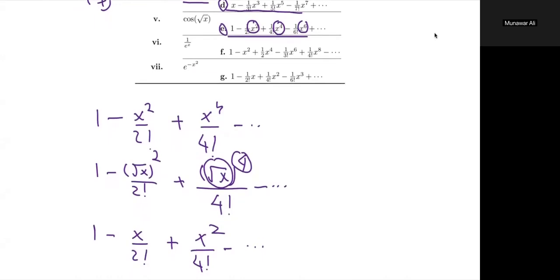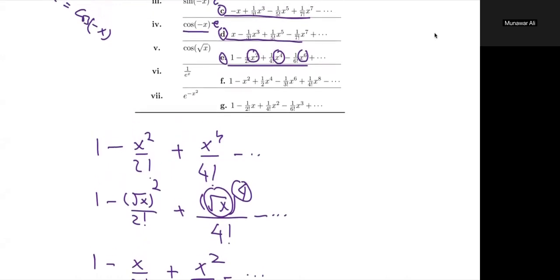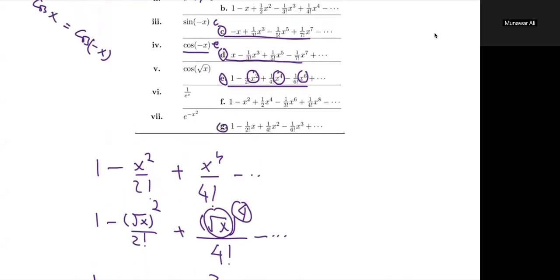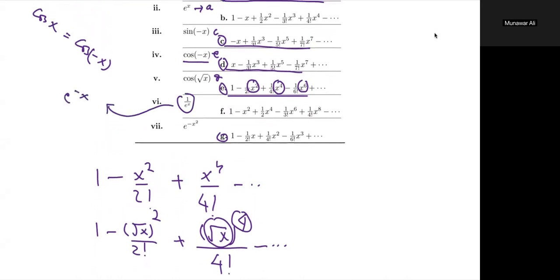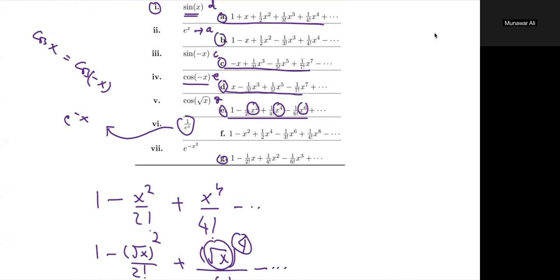So this should be, yeah, g. So cosine of root x is g, and 1 over e to the x is equal to e to the negative x. So the series for that one that I can see is this b. So I'm writing b here. And for e to the negative x squared is the remaining series, which is I think this one. Yeah.